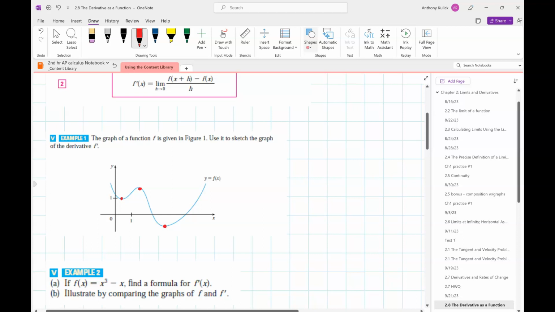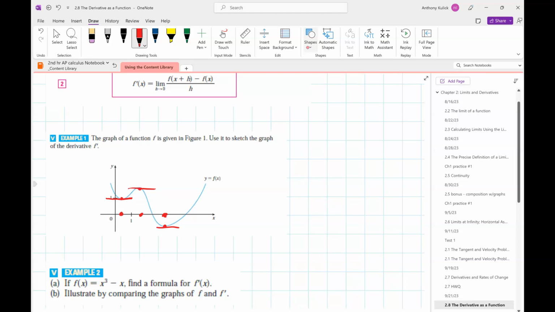What will the value of the derivative be at the max and mins? If I draw a tangent line for those points, what's the slope of that tangent line? 0. So when I'm drawing my f prime of x, I know at those x values, the derivative is 0.